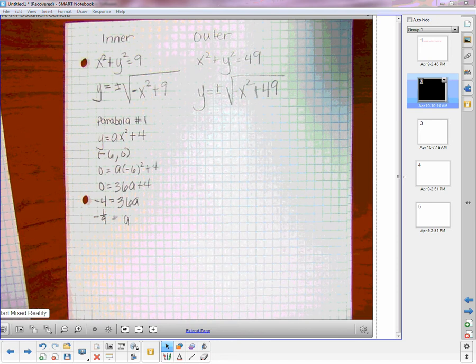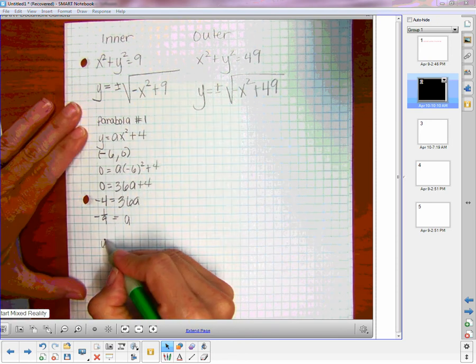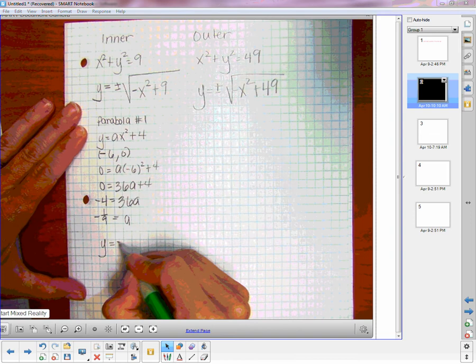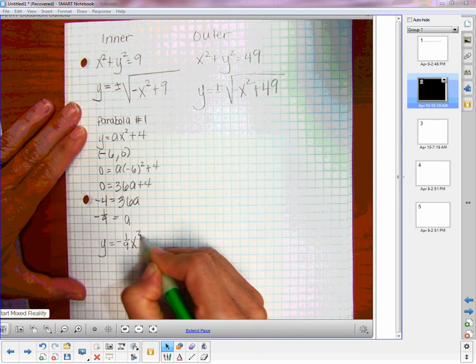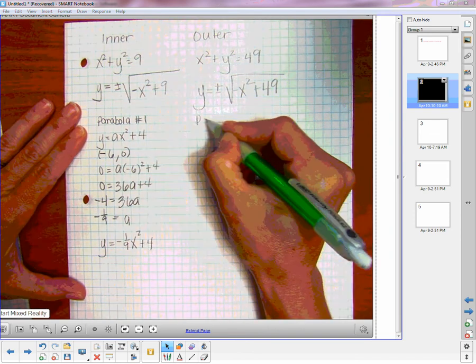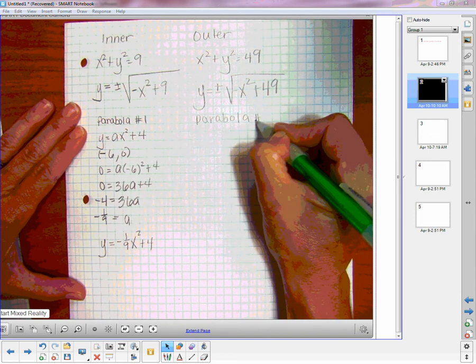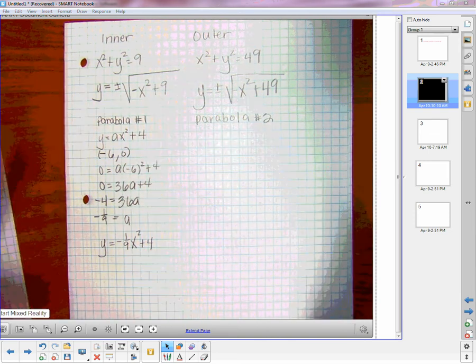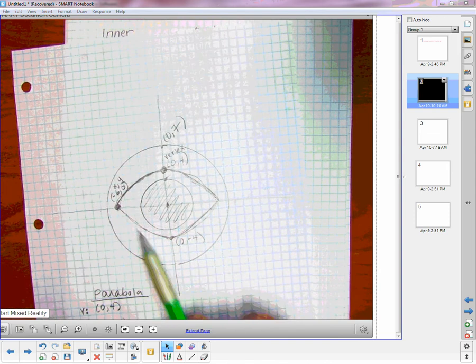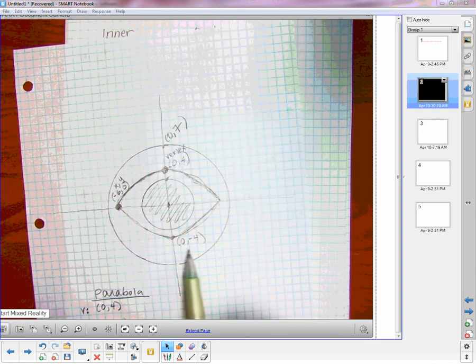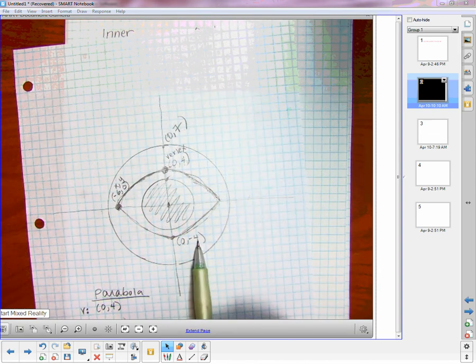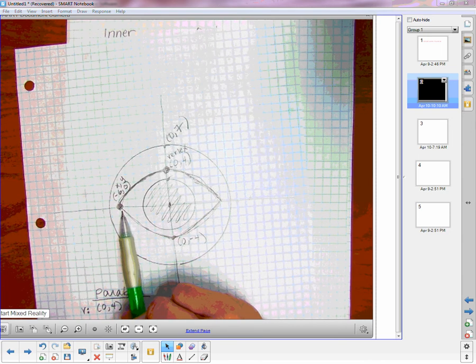So on the Inspire, when I graph that parabola, it's going to look like this. For parabola number 2, I really don't have to compute it because it was an image, a reflection of the first parabola. So on this eyeball, the A value is going to be positive. It has a vertex of 0, negative 4, but it still goes to the same point.